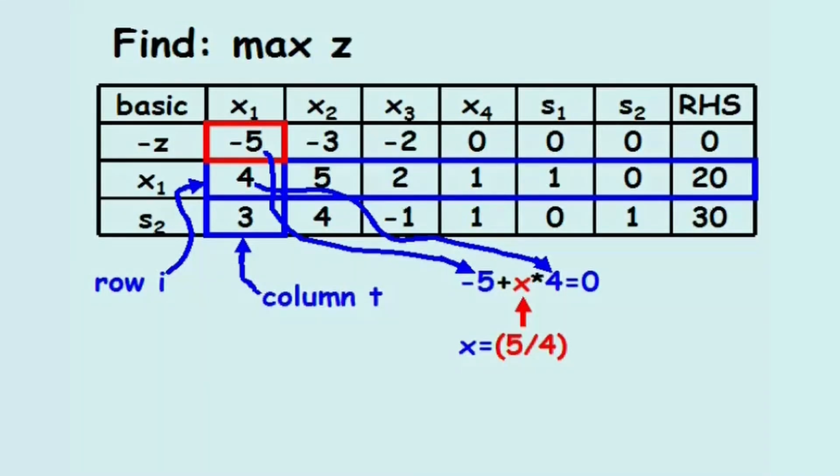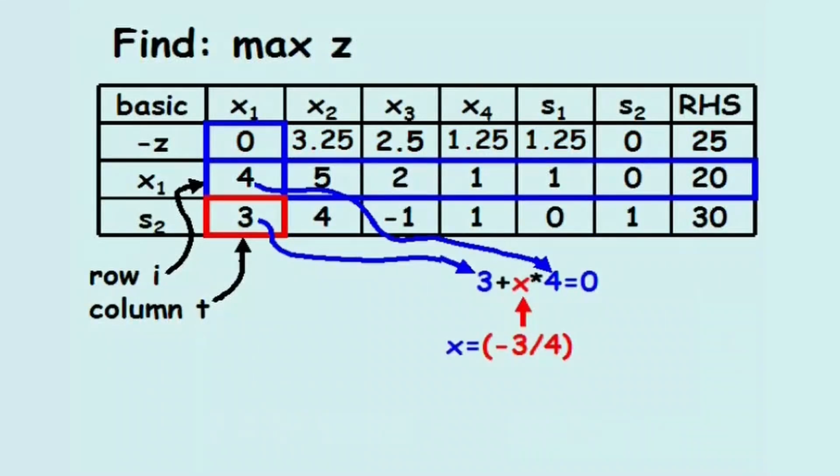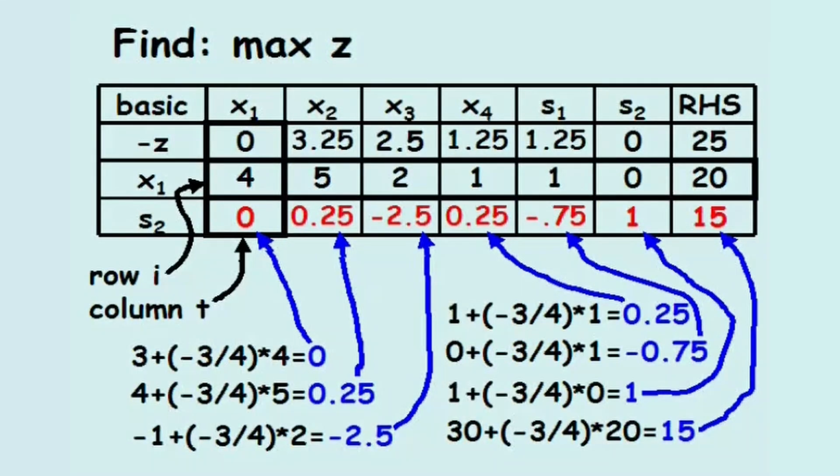This operation of multiplying 5/4 of row i to the top row is carried out for all columns. The bottom row will undergo the same operation, except the multiplier will be negative 3/4 rather than 5/4. The bottom row is updated as shown.